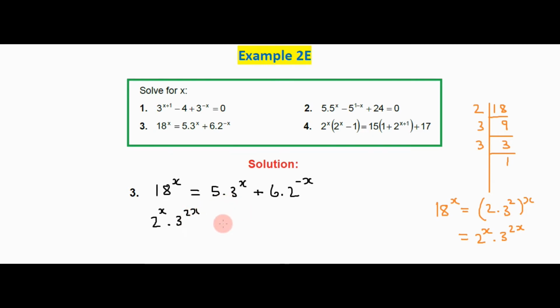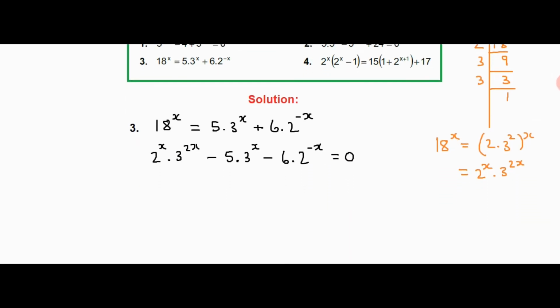I'm also going to bring all the terms to the left-hand side. So minus 5 times 3 to the x, minus 6 times 2 to the negative x, and this equals 0.